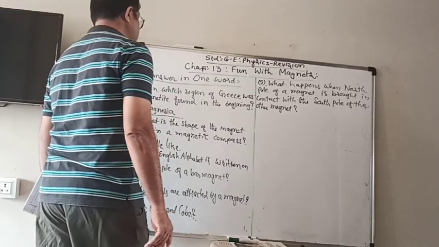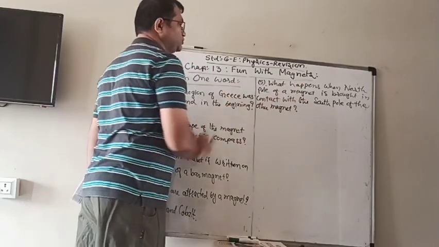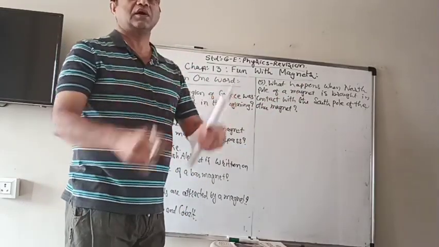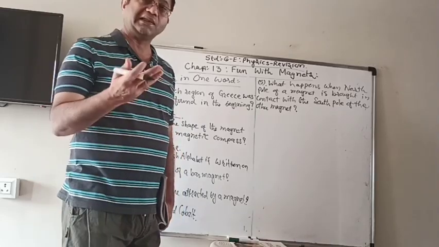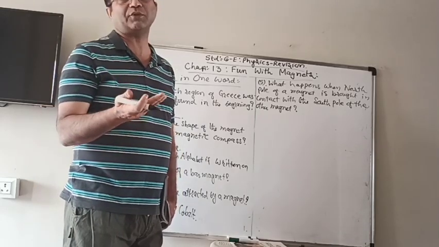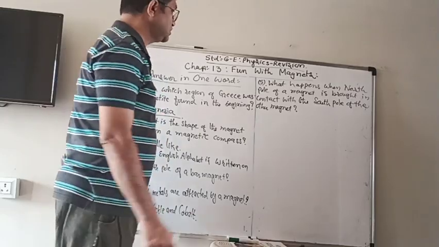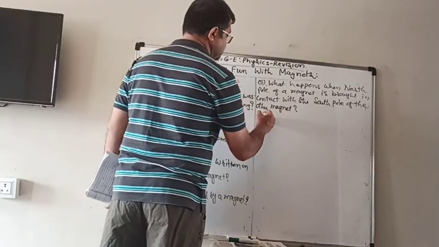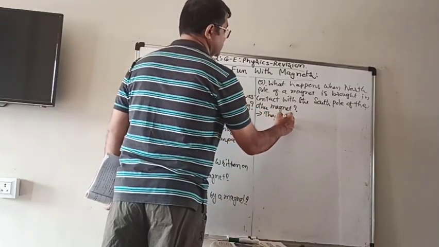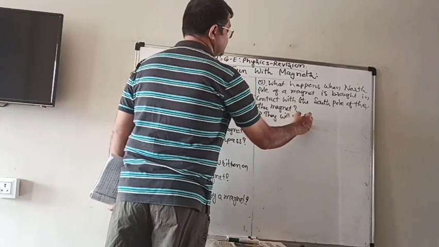Now we know that north pole and south pole are unlike poles. Like poles repel each other, but unlike poles attract each other. So the answer is they will attract.